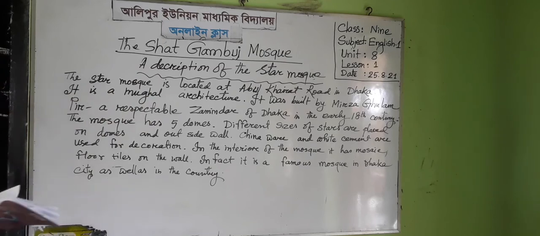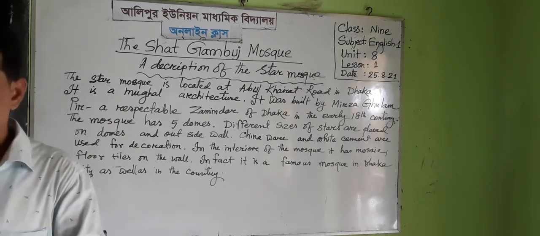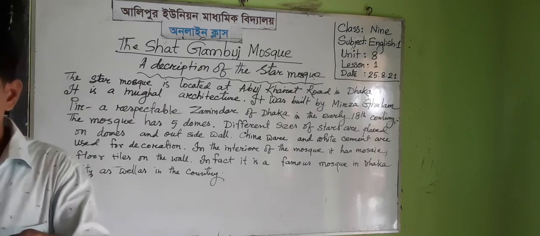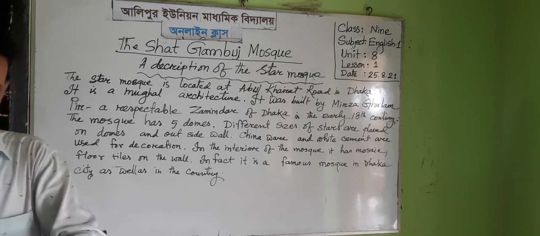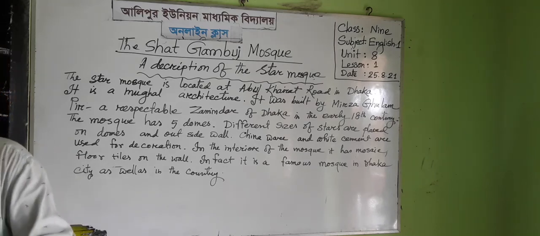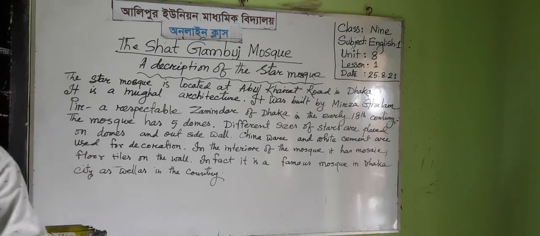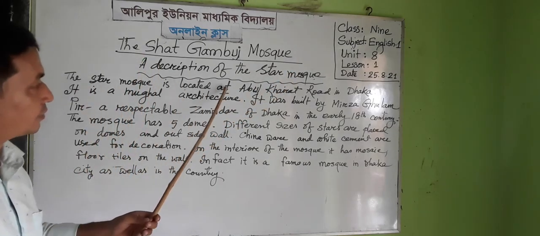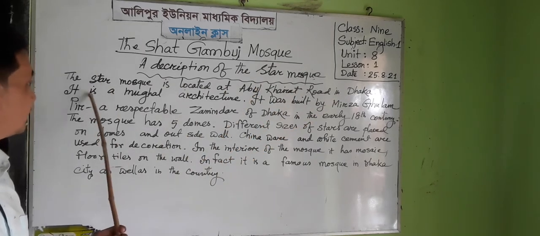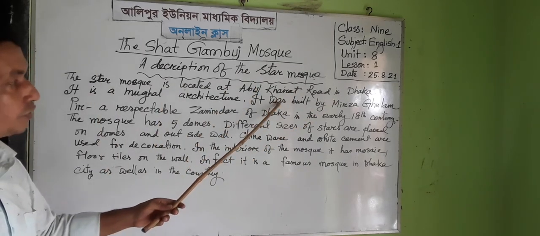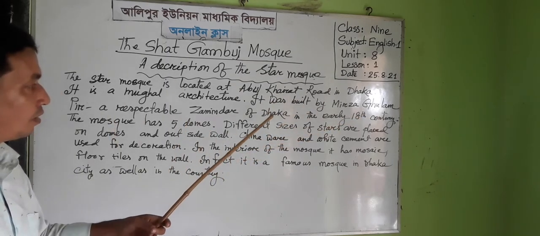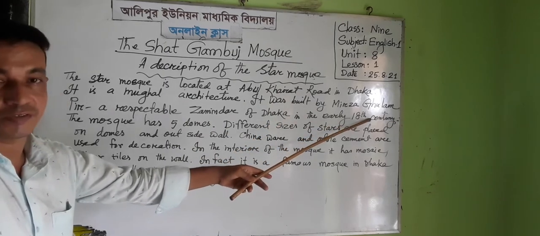Dear learner, this is the short description of the Star Mosque, and again I am going to read out the writing, and you have to follow, or you have to see my description. Dear learner, a description of the Star Mosque. The Star Mosque is located at Abul Khairat Road in Dhaka. It is a Mughal architecture. It was built by Mirza Ghulam Pir, a respectable Jamindar of Dhaka in the early 18th century.